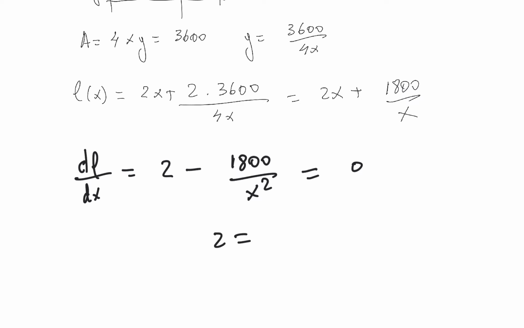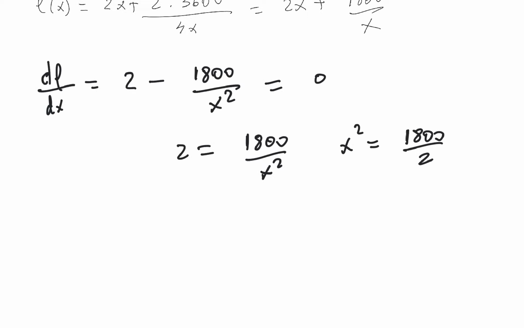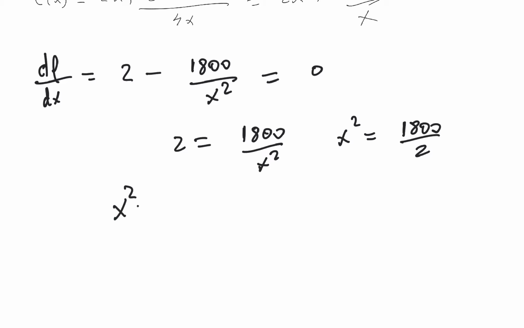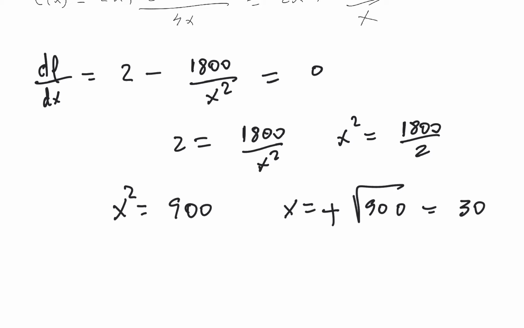So 2 equals 1,800 divided by x squared, so x squared is 900. I have to use the positive, because a negative length has no sense, so x is the square root of 900, which is 30.